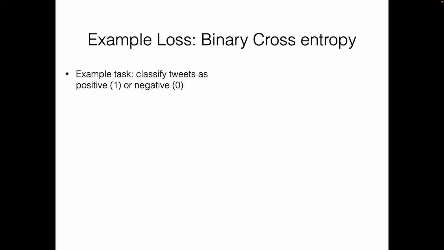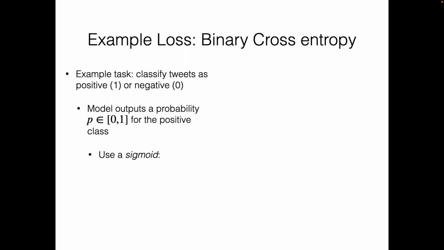So let's say we want to classify these tweets into either positive or negative. Then what we're going to do is have the model output a single score, and we're going to interpret it as being the probability of the positive class. So I guess maybe the neural network doesn't necessarily care about how we interpret it, but we have to make sure that it's between 0 and 1, because otherwise it can't possibly be valid.